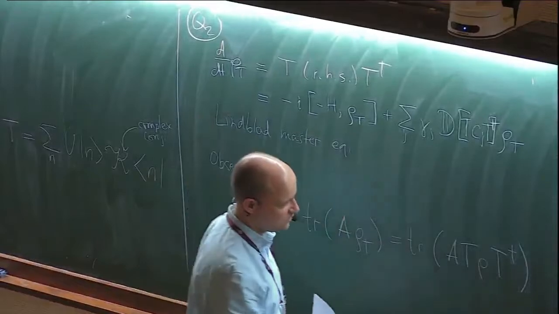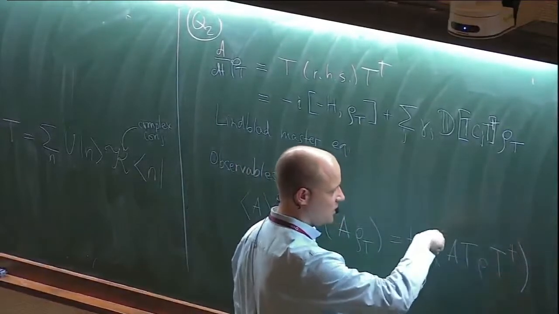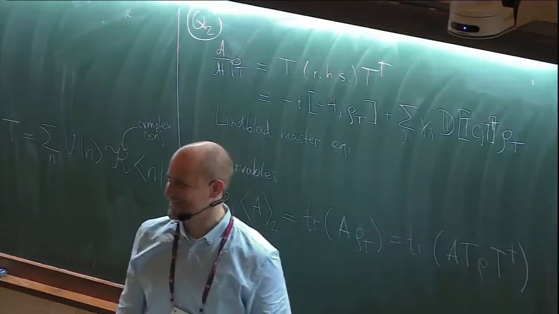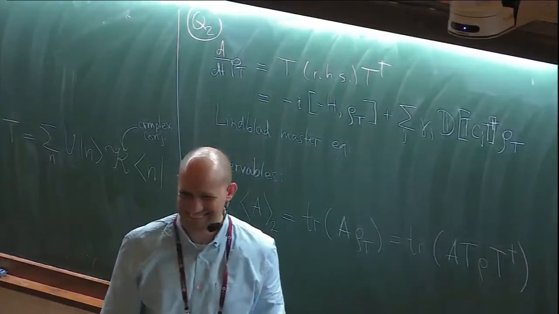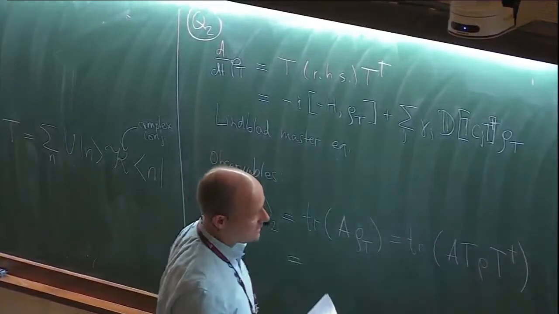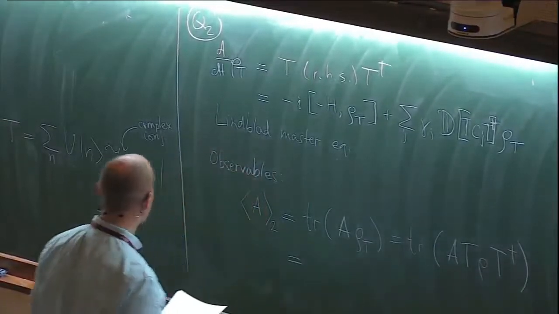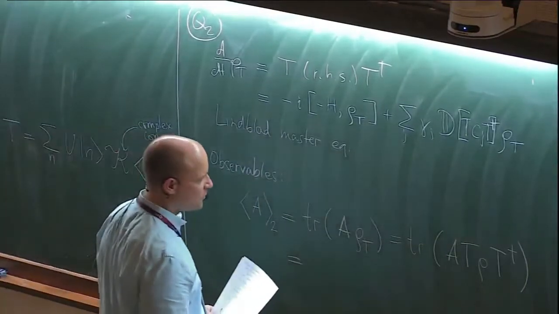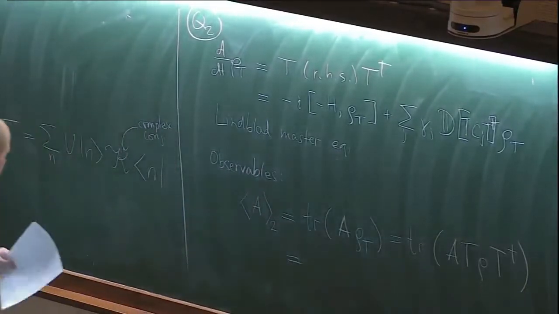Is it okay to just pull this T over here? Nope, it's not. Indeed, that's not okay. So you can convince yourself that what happens is you will pull it over, but you'll gather up an additional complex conjugate.